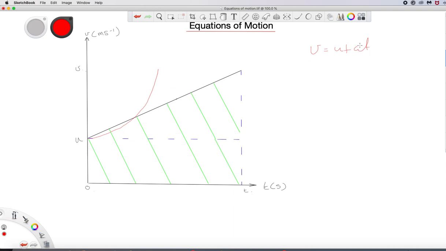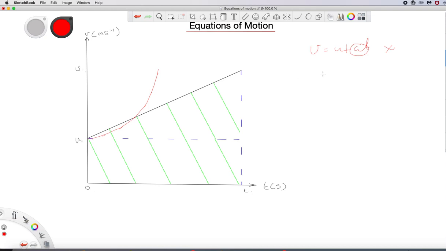It does, but because the acceleration isn't constant, we can't work this out. We would have to say that we had an infinite number of tangents to this curve for us to work out the acceleration at each point. And that's not a workable proposition for us.